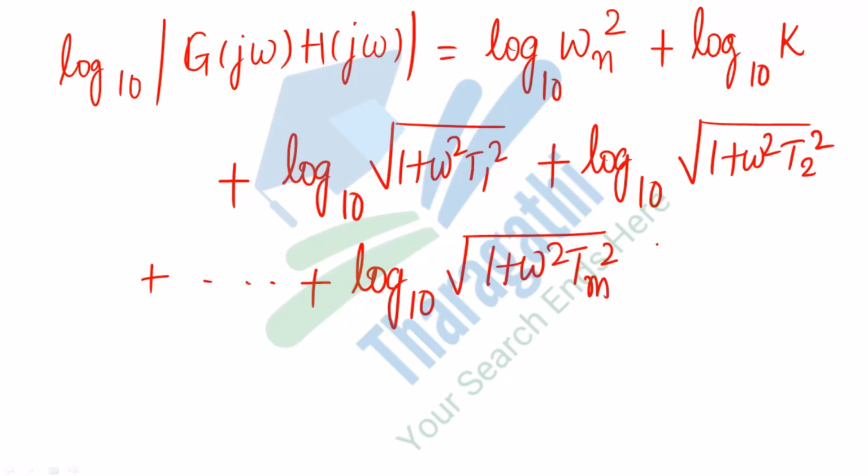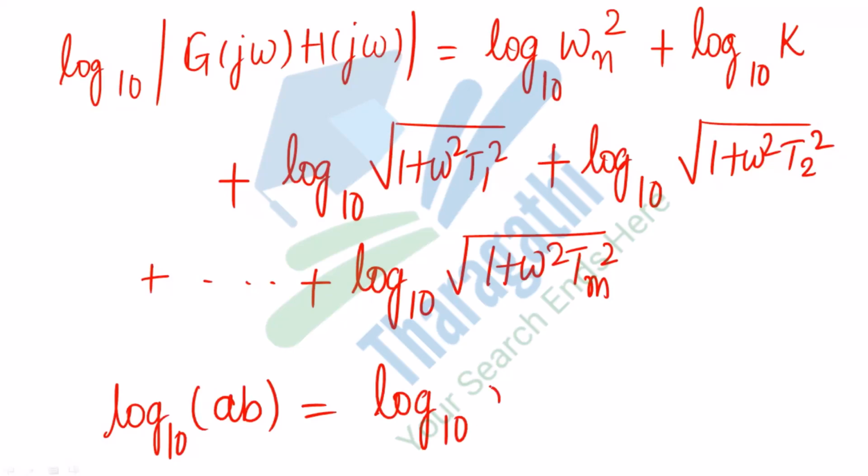You might be having a doubt about how I got these terms. You have the formula: log to the base 10 of AB is equal to log to the base 10 A plus log to the base 10 B. So the logarithm of a multiplication of two terms is the sum of the logarithmic values.